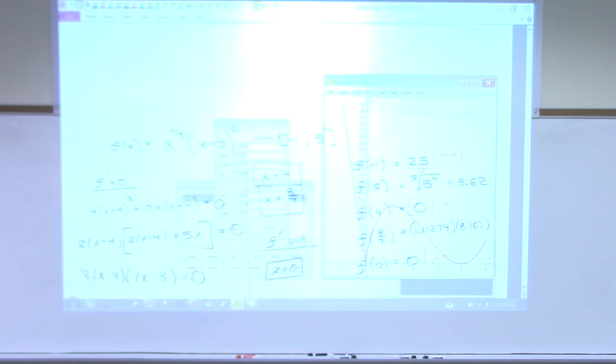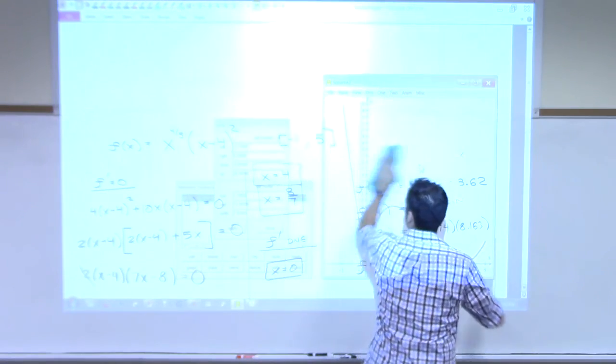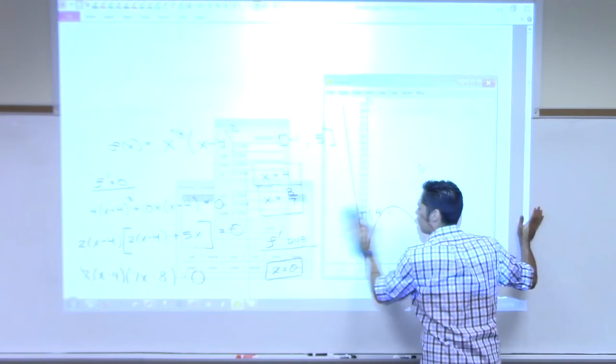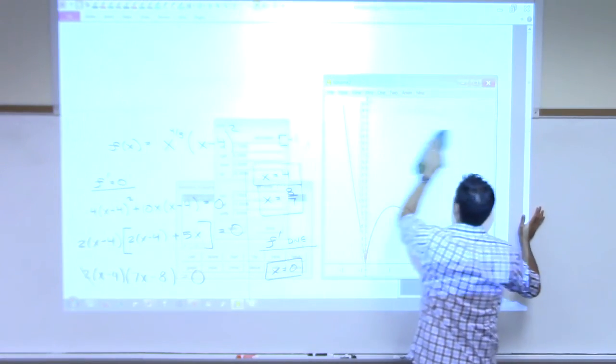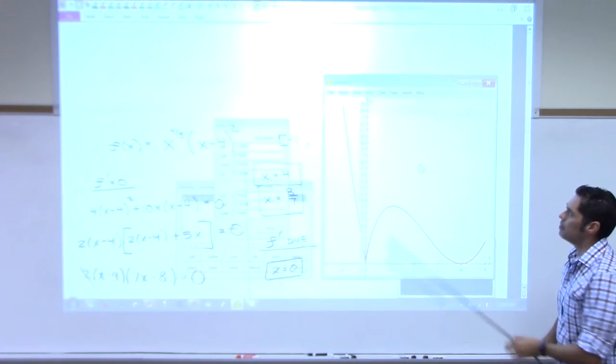Oh, I'll erase all that stuff for you. What were we expecting at the critical point of 0? What were we expecting? Something weird, right? A critical number? A cusp or something? We got it too. So here's our function.